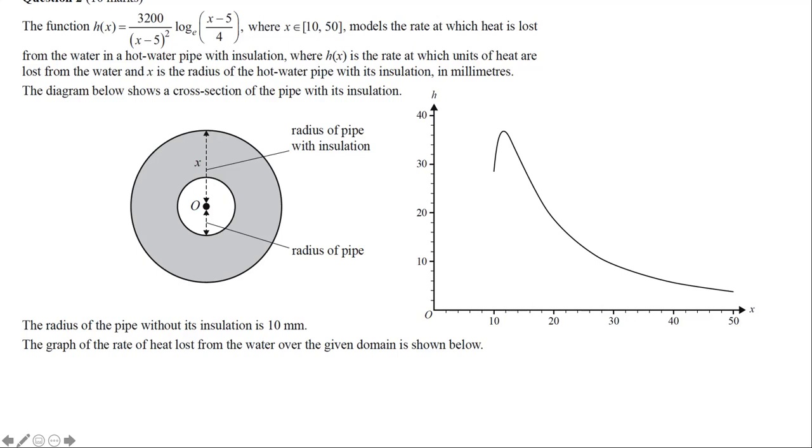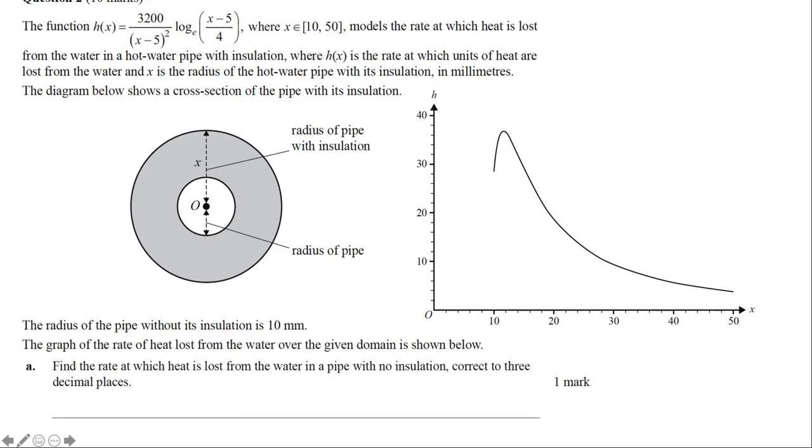So the hot water pipe without insulation is 10 millimeters. That's why our domain goes from 10 to 50. So the maximum insulation length should be 50 millimeters. And the question gives us a nicely drawn diagram, very much to the scale.